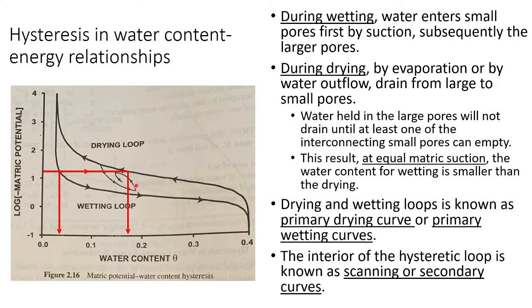So when we dry the soil, it goes this way. Then we wet the soil again, going through this way. This is the process as a result of drying, wetting, drying, and wetting again. So we form this scanning or secondary curve, and you can see that it doesn't follow the primary drying and wetting curves.